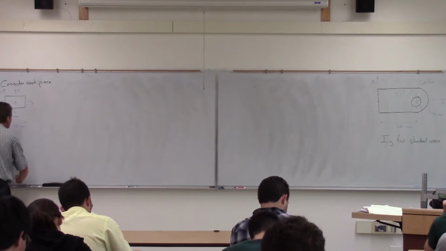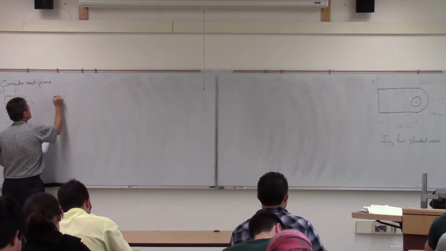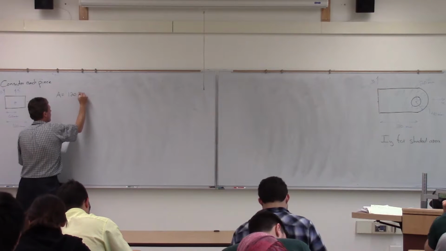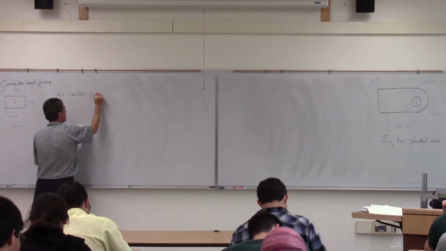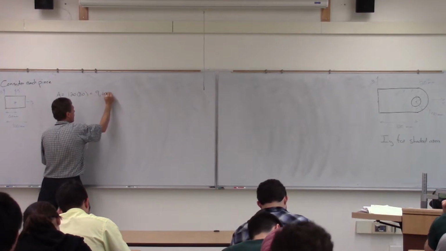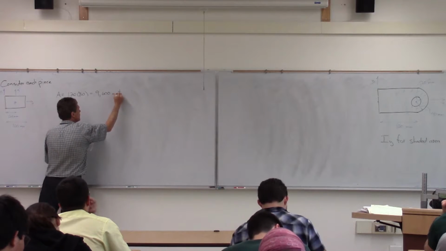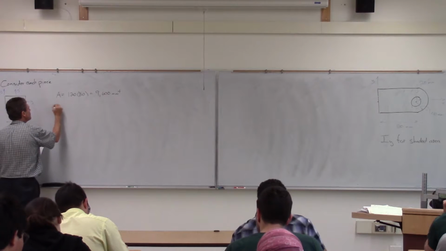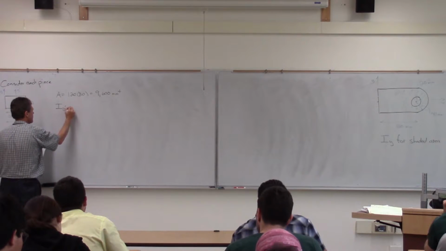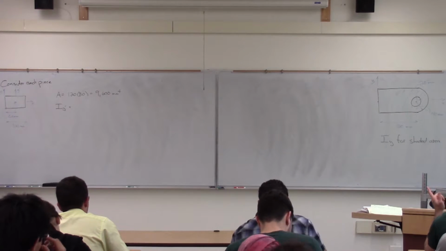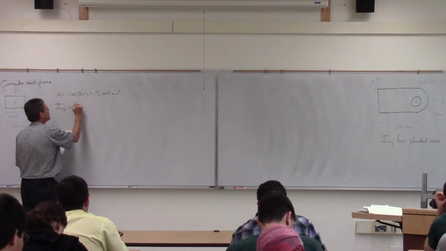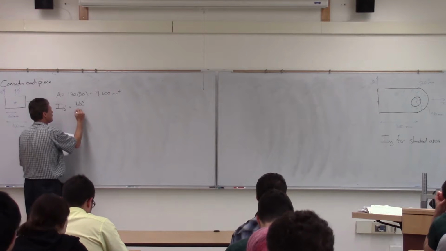Okay, so key things we're going to need. We need the area, and again, keep your dimensions there. And then we need the moment of inertia about the centroid of that axis to be able to apply my parallel axis theorem.